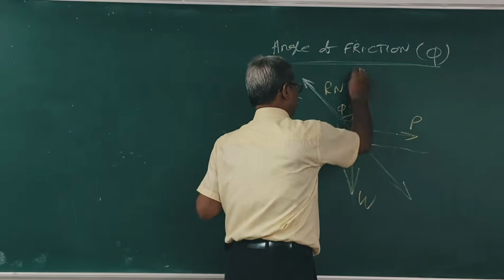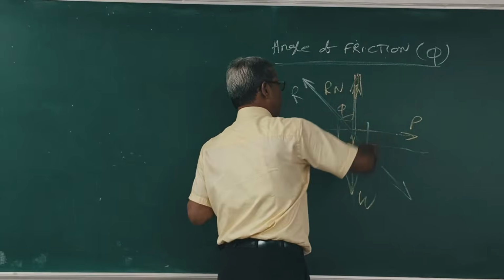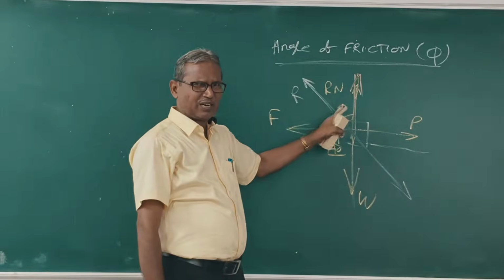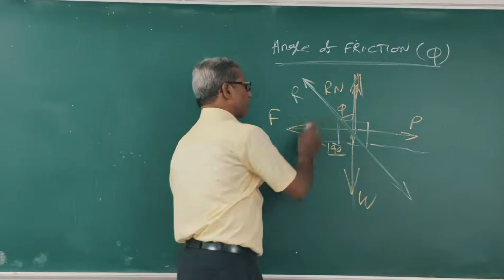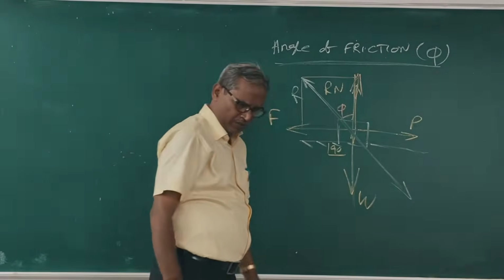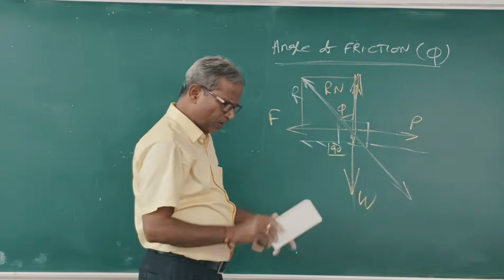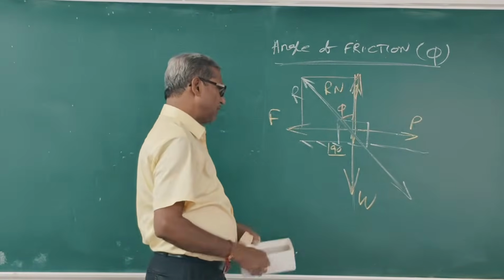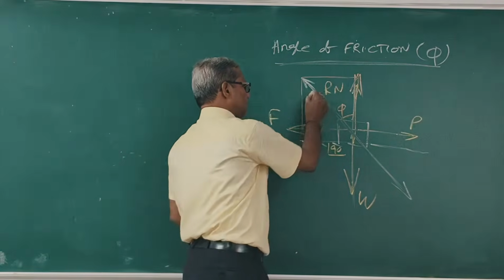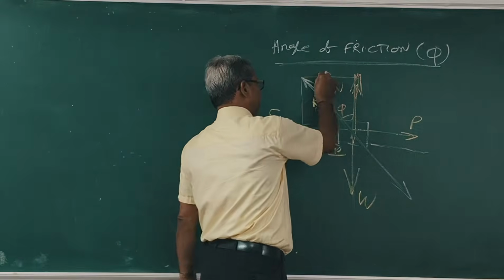What is angle phi? The angle between the resultant reaction and the normal reaction is called angle phi. Clear? Now complete the parallelogram. I completed the parallelogram. This is R. This is F.